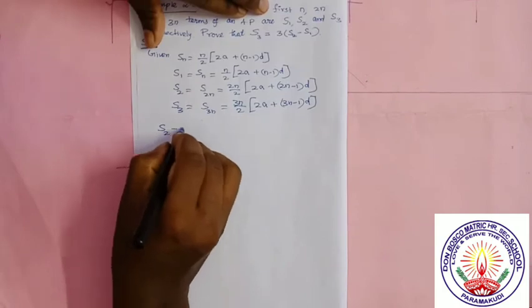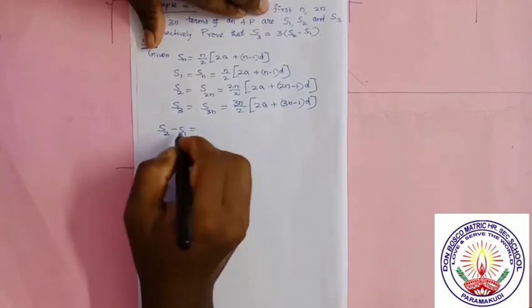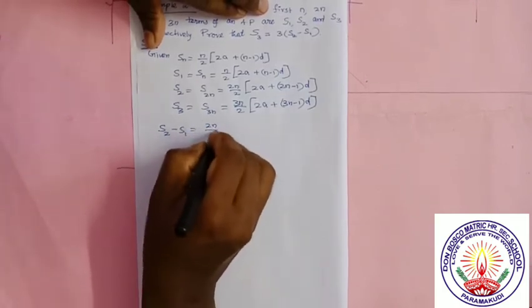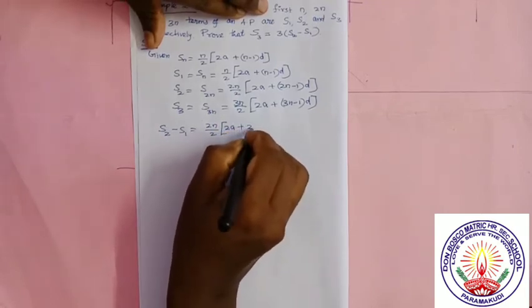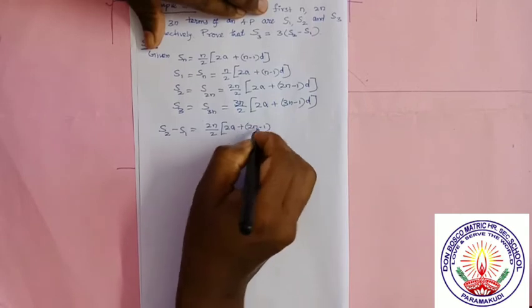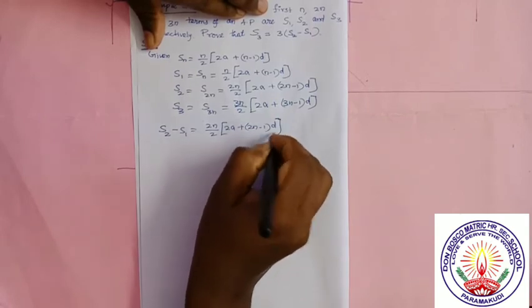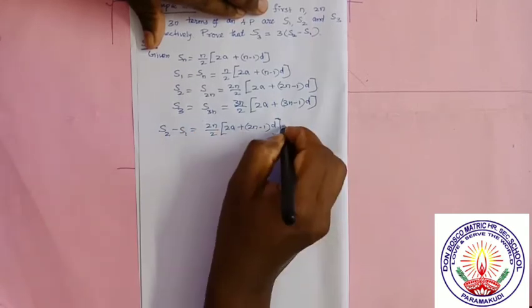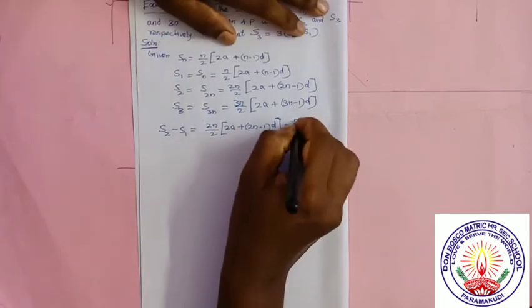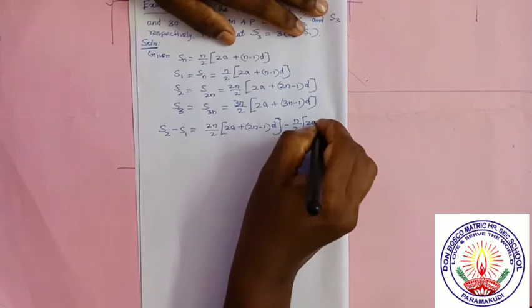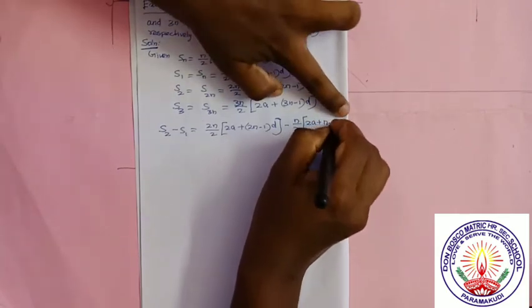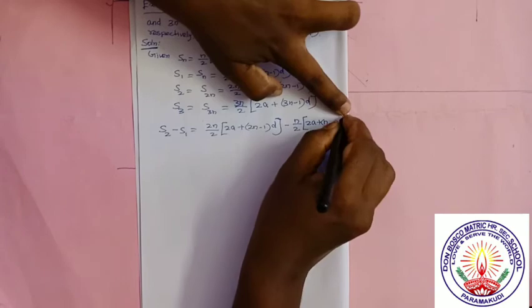So S2 minus S1 is equal to, what is S2? 2n by 2 into (2a plus (2n minus 1) into d) minus S1, which is equal to n by 2 into (2a plus (n minus 1) into d).